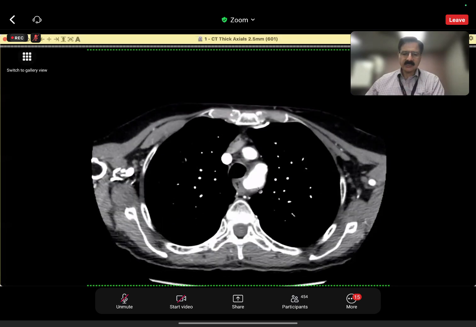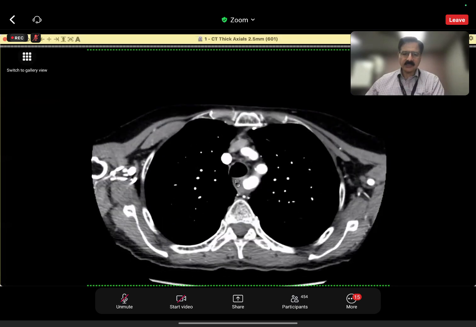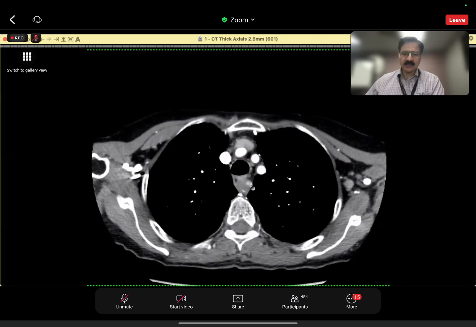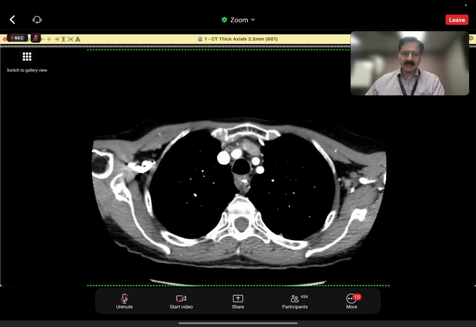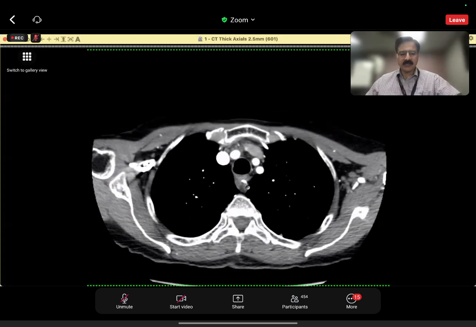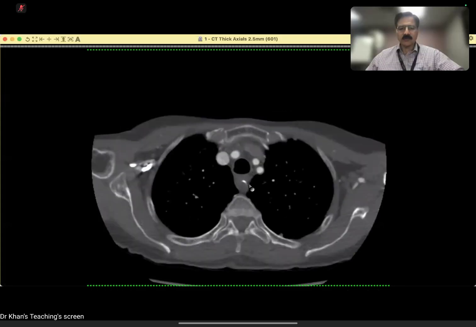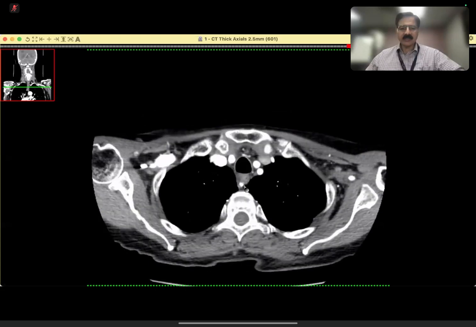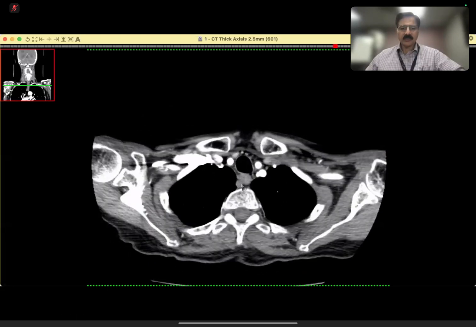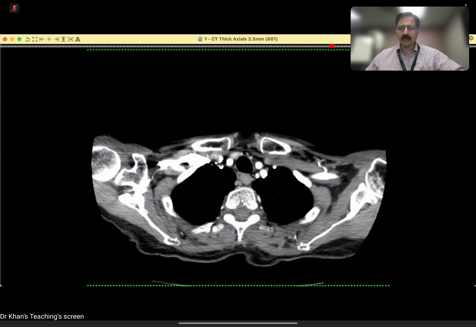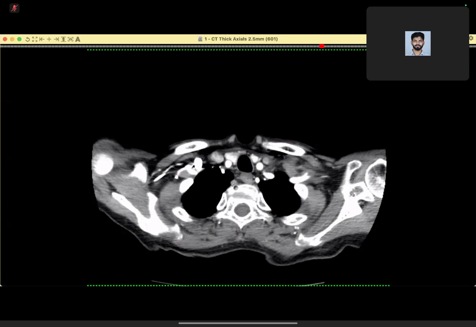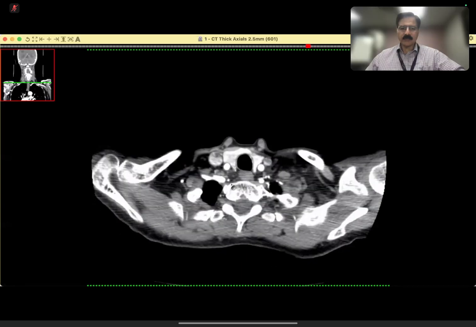So if you see, this is the esophagus, and this is the artery. And then there is a calcification here, so I've gone to another window just to highlight it. And then if you go further, this is what I was pointing out. If you trace it, this is a vessel. And then what happens?